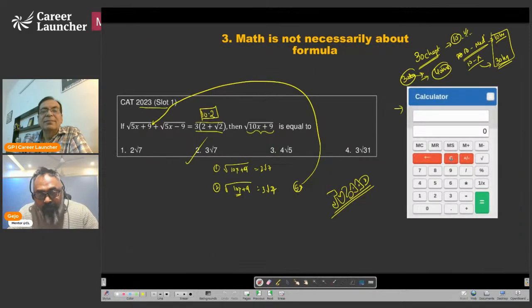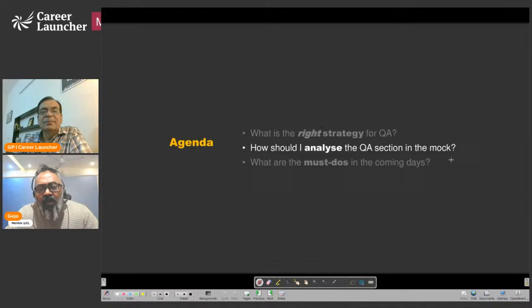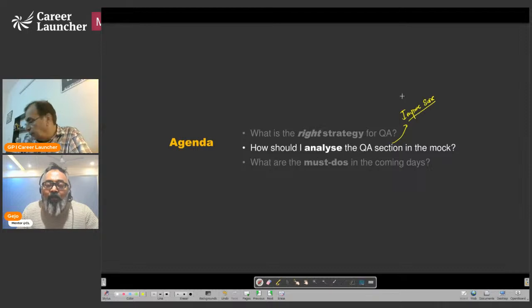So given that in mind, how should I analyze the QA section? Whatever the analysis, you are actually looking at how to improve your score. And we have discussed last time that improvement of score will happen in two ways. One is an implementation issue, or let's say an on-the-day-of-the-test issue, which is the decisions that you're making during the test.